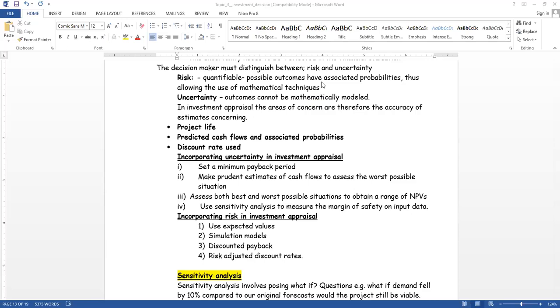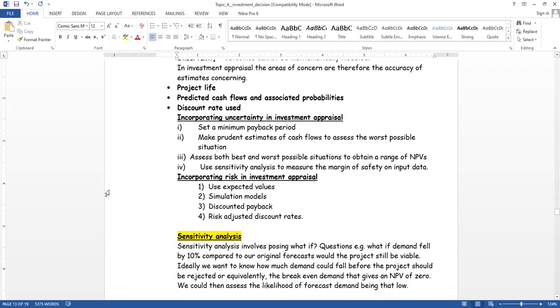Okay. Now, how do you incorporate uncertainty in investment appraisal? Of course, there are different ways. Number one, you can set a minimum payback period. So any project that does not meet that payback period, then it doesn't qualify. You can also make prudent estimates of cash flows. Meaning that as you're estimating, you need to exercise a high degree of caution.